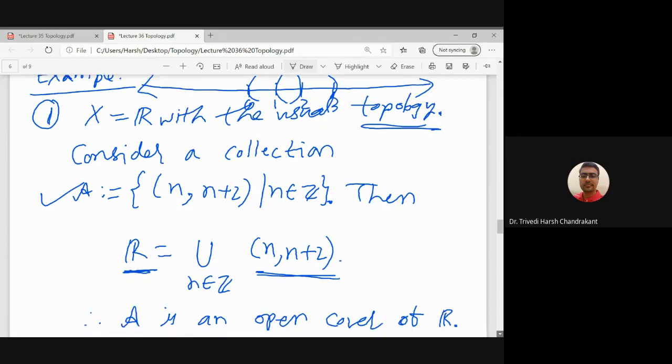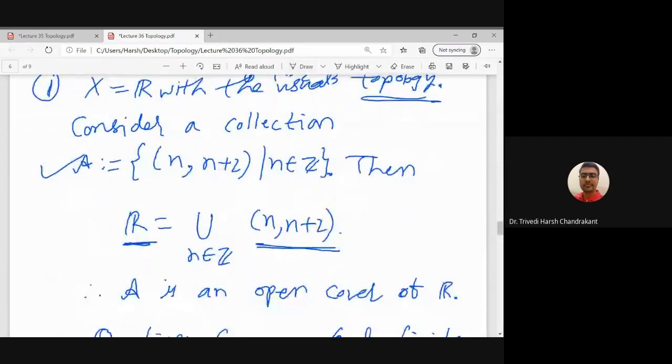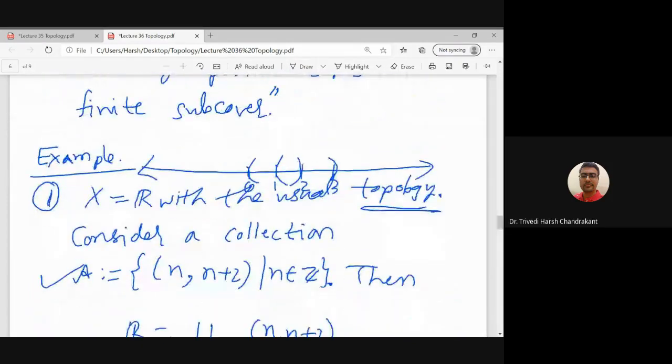For example, if I take the intervals (1, 3), then (0, 2), and then (1000, 1002), in that way randomly trying to cover the real line, the union of finitely many intervals of this type will always be a bounded set.